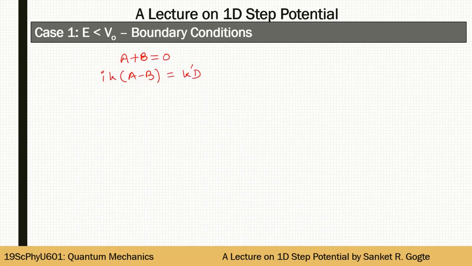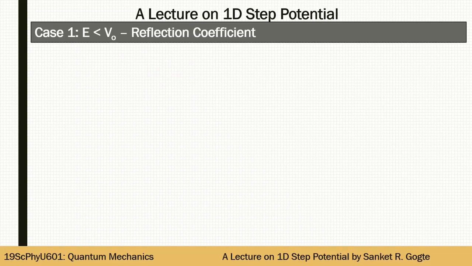Okay, now let's first calculate the reflection coefficient R. Remember, the reflection coefficient is the probability that a particle incident on the step is reflected. So it is the probability of reflection. If I consider a stream of n number of particles, then the probability of reflection is the fraction of the particles which are reflected from the boundary.